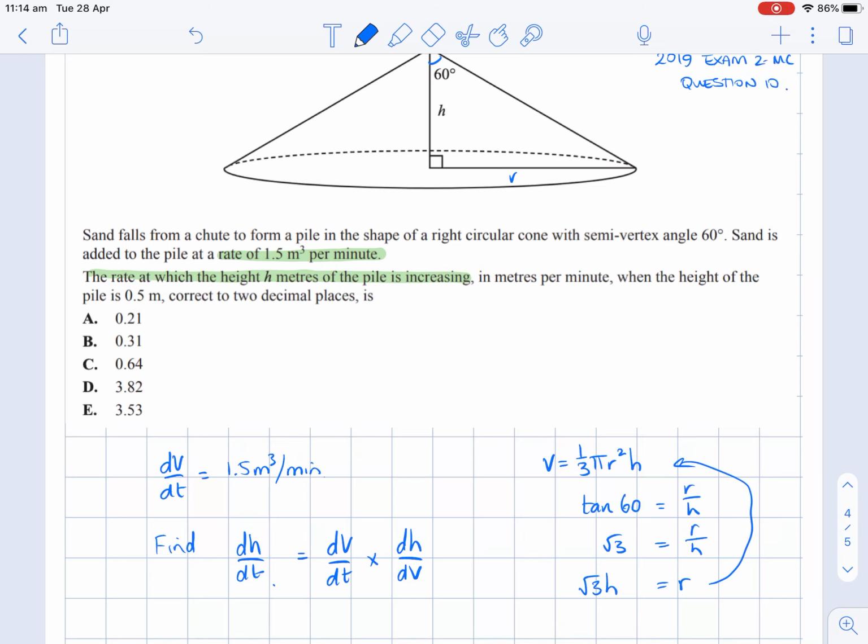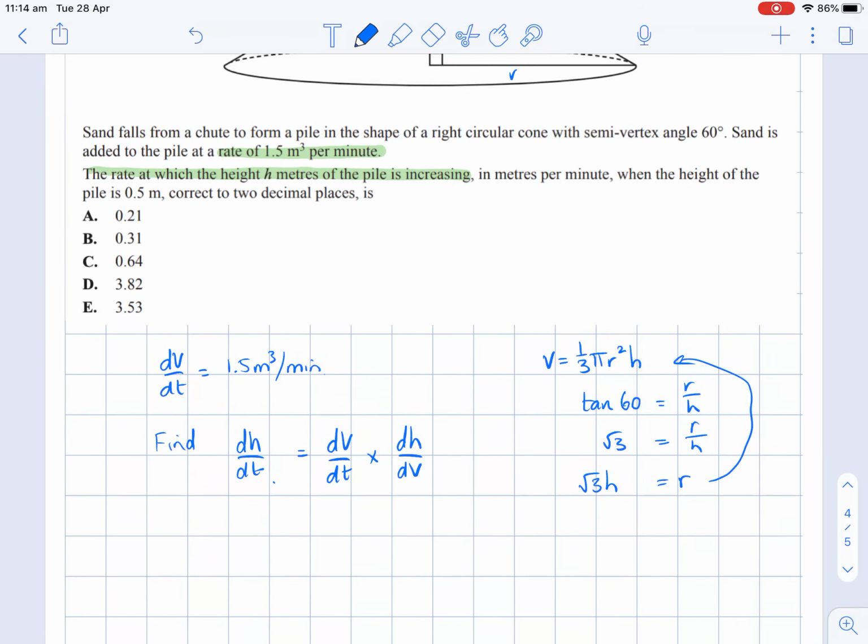Okay, substitute that into this equation, so I have everything in terms of h. I get V equals 1/3 pi times root 3 h squared times h, which is 1/3 pi times 3h cubed. They go away, and I've got the volume equals pi h cubed.